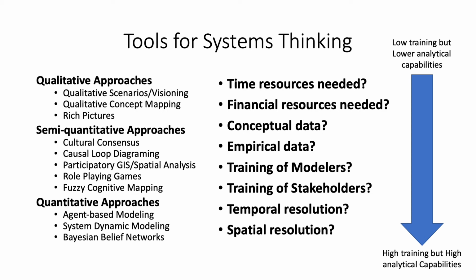So as you're considering these different tools for systems thinking, it's important to think about the needs of the project or the problem, and then also what are the barriers that you need to consider for using these different types of tools. So we're going to talk a little bit about a tool from each of the following approaches: rich pictures, causal loop diagramming, and system dynamic modeling.